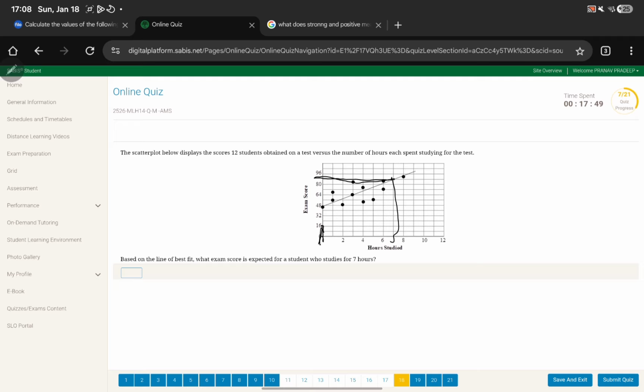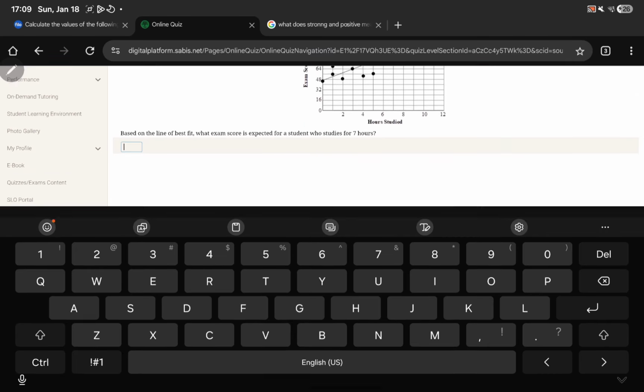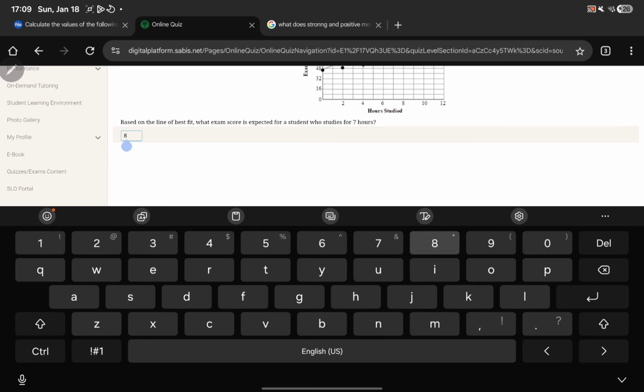So you take half of 16, which is 8, so it's 86, right? The exam score is 86. No, wait. 16 divided by 2 is 8, so you add 8 to 80, so that becomes 88. Yeah, it's 88.